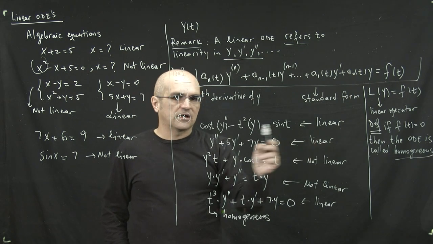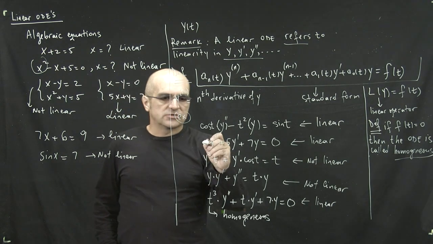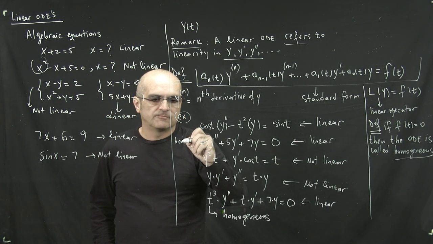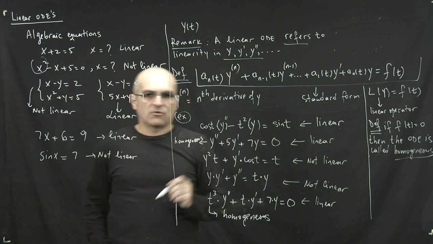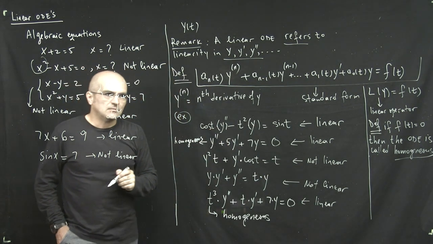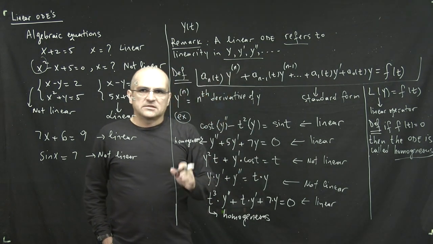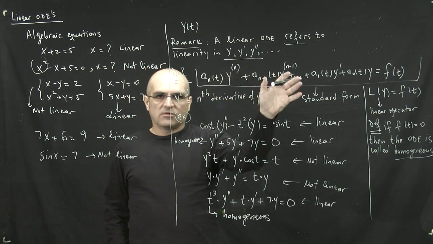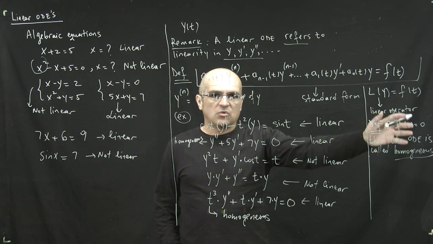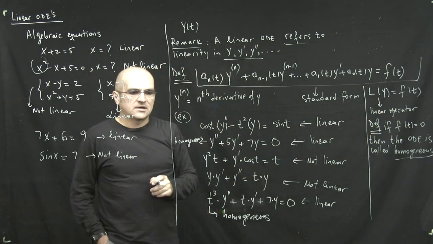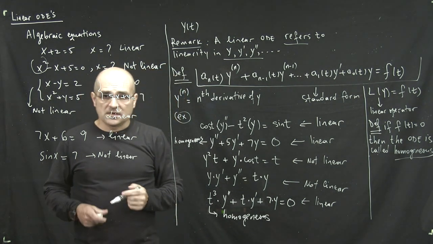But this is linear, not homogeneous, because you have sine of t. The second one is also homogeneous, because you have 0 on the right hand side. So before we move on to the second part, again, make sure you understand what the linear ODE means, how you recognize it, what the homogeneous linear ODE looks like, and then we're going to deal with some other examples in the second part.